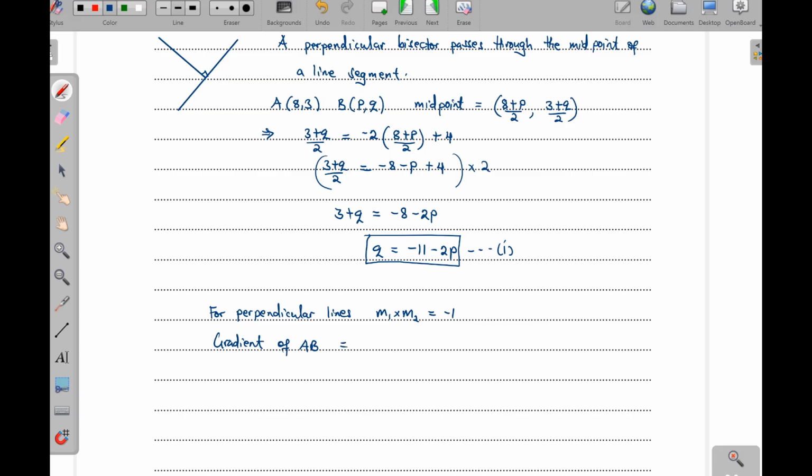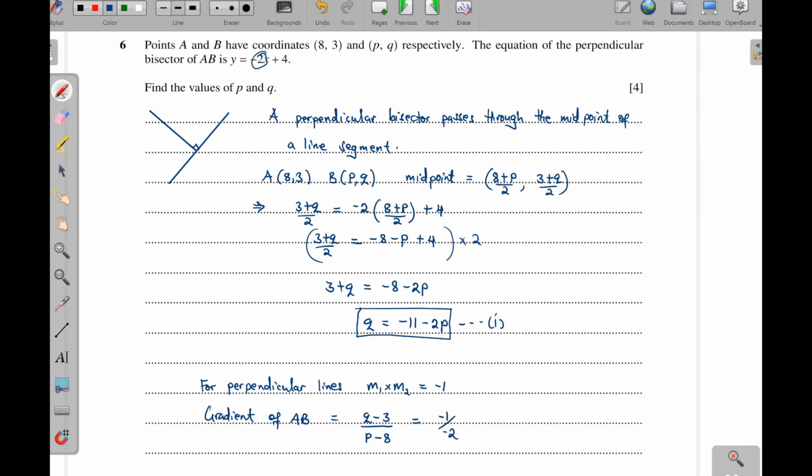The gradient of AB is going to be equal to, with the coordinates of B and A, the change in y, that is (q - 3) over (p - 8). But this is going to be equal to negative 1 over the gradient of the perpendicular bisector, which is negative 2.